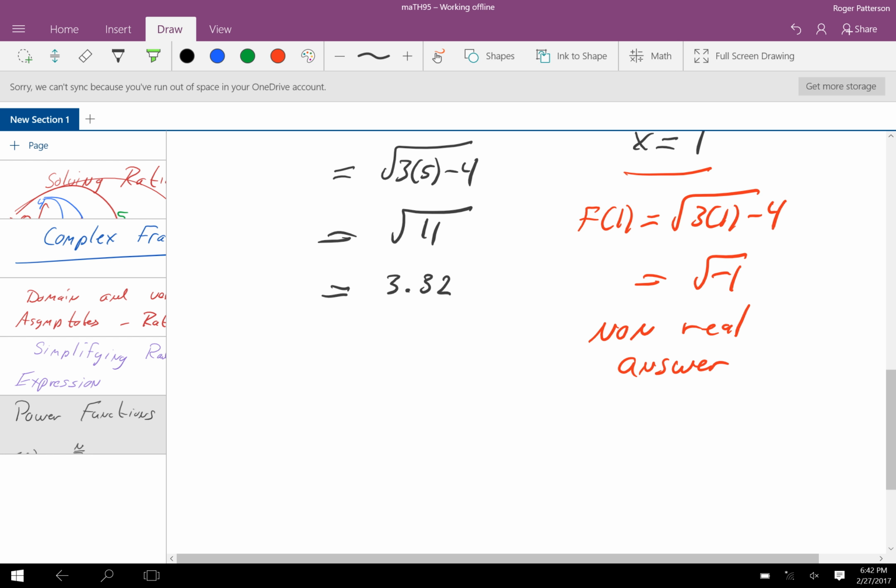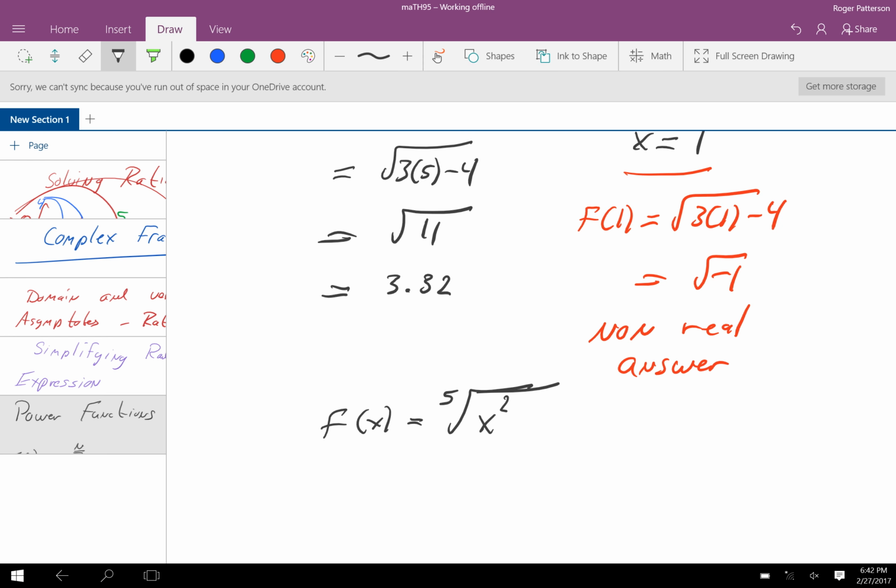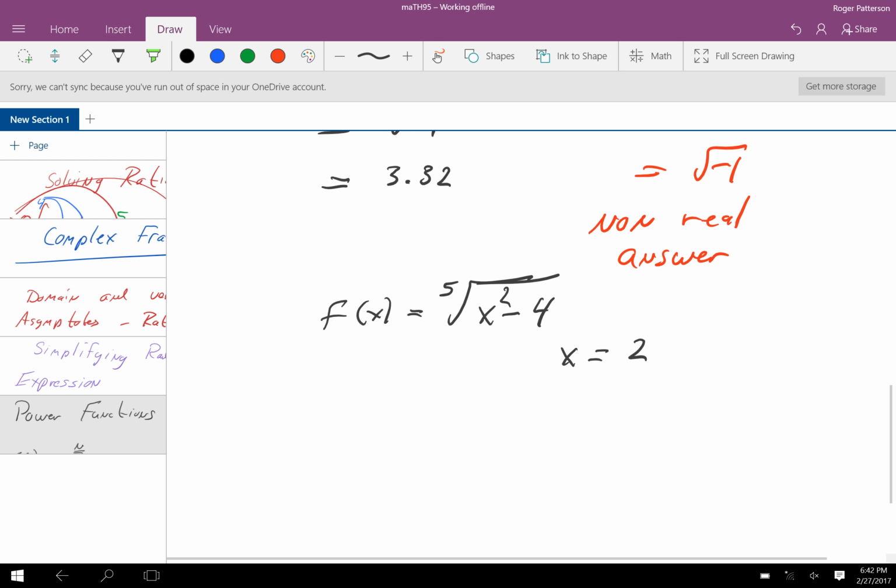Then they go on, and of course they do their 5th roots and 4th roots because they like these. We'll do a 5th root. So we'll do x equals 2 and x equals negative 1.